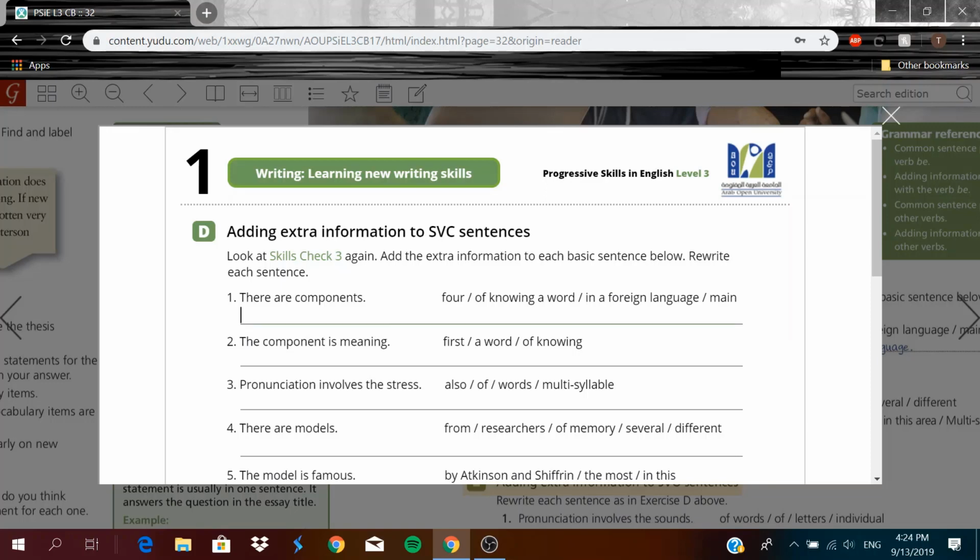Okay, so here we have, there are components. How are we gonna go about this? We have 4 of knowing a word in a foreign language and main.